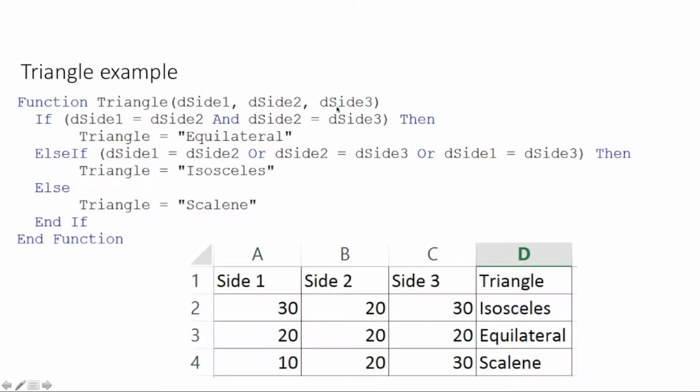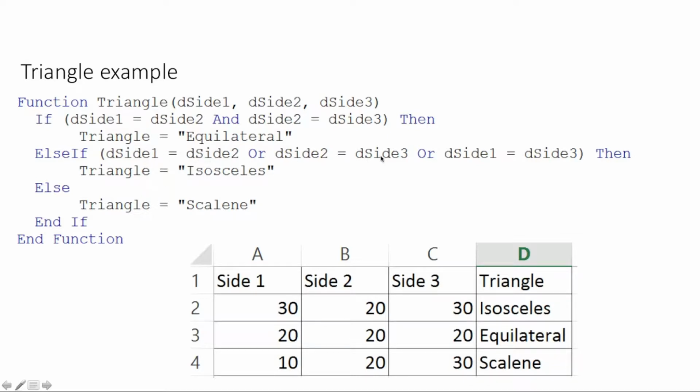Our solution has 3 parameters for the function: side 1, side 2, and side 3. The first thing we do is check if all 3 sides are equal. So side 1 equals side 2 and side 2 equals side 3. Then we're talking about the equilateral triangle.